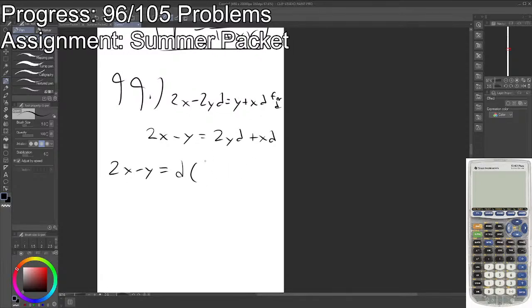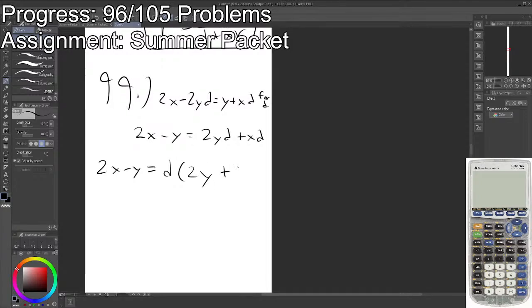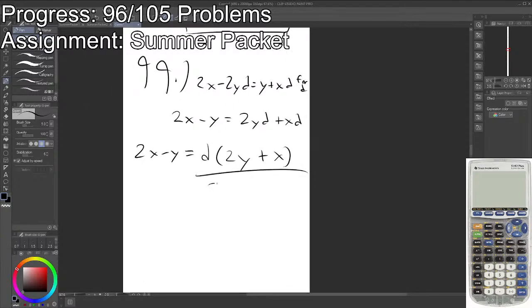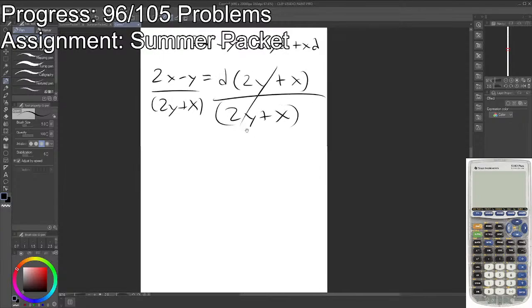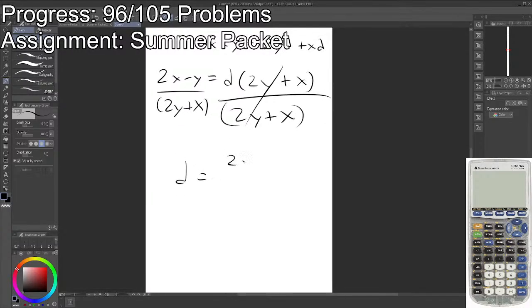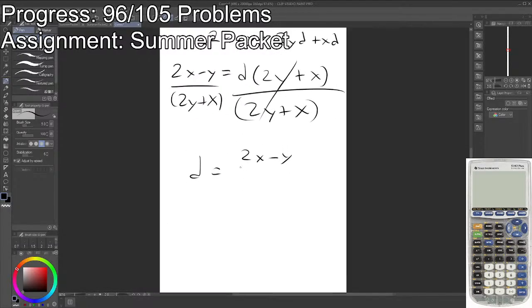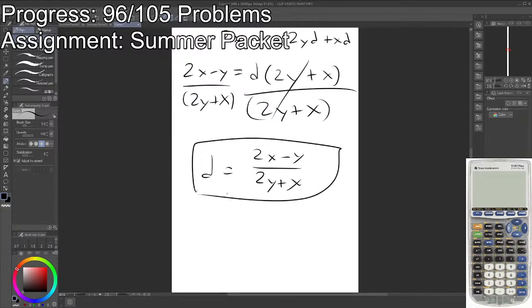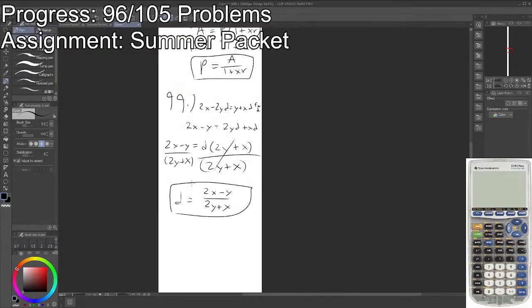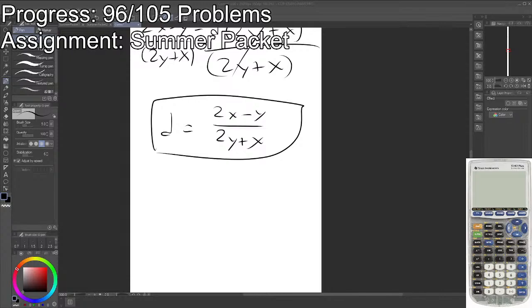Wait. 2y plus x divide. This feels too easy. But we'll go with it.